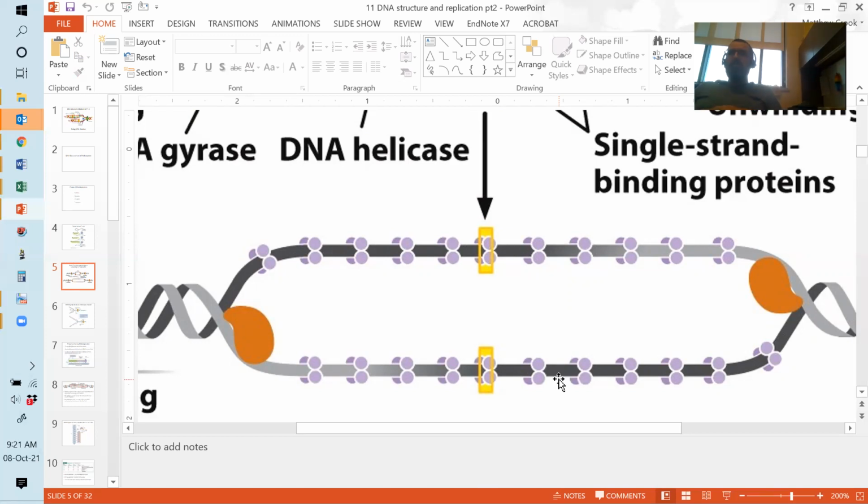Bit of a trick question. It is at the end of this strand, unless it's circular, but it's not here. There isn't one, because none has been added yet.